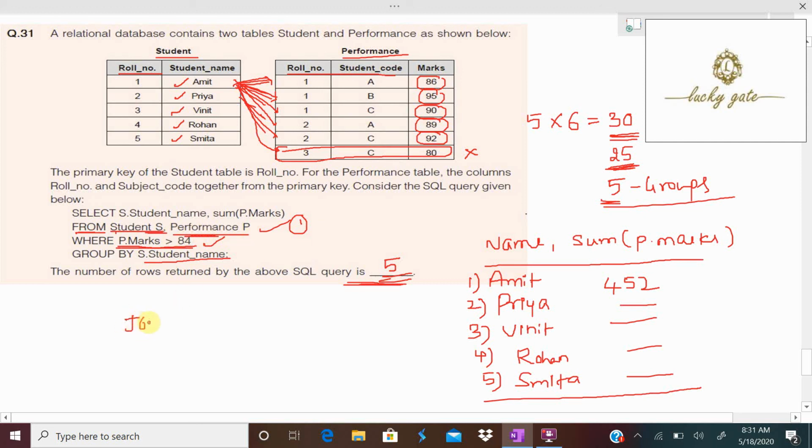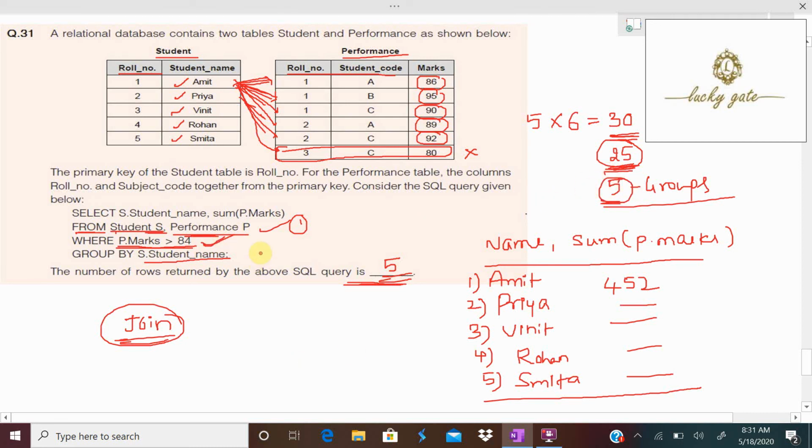Just observe this point, there is no join condition mentioned. Because there is no join condition, it is returning only the Cartesian product. So the 25 tuples are there as a result of Cartesian product after P marks greater than 84. These 25 tuples are divided into groups.